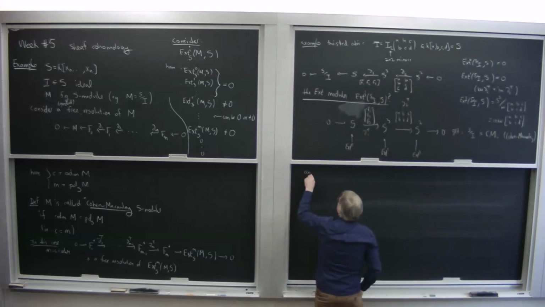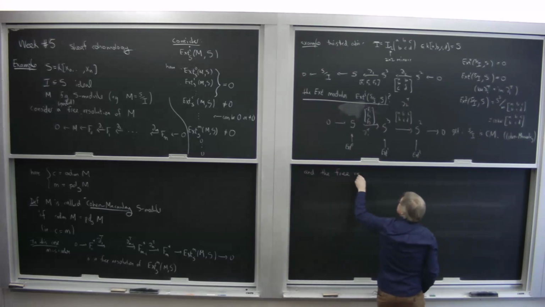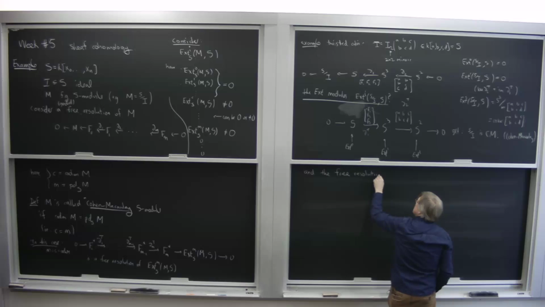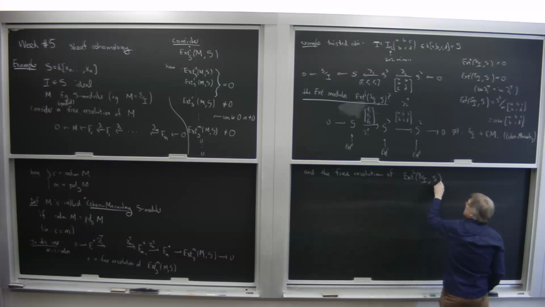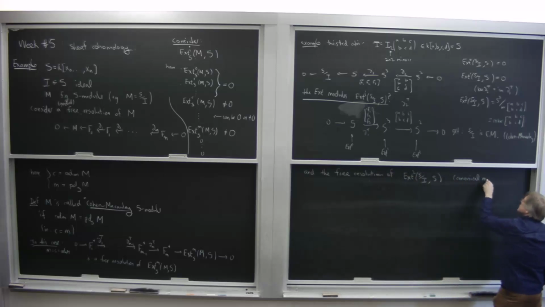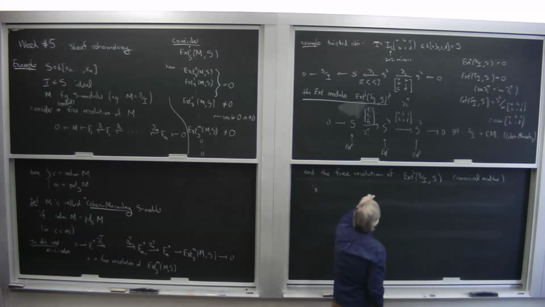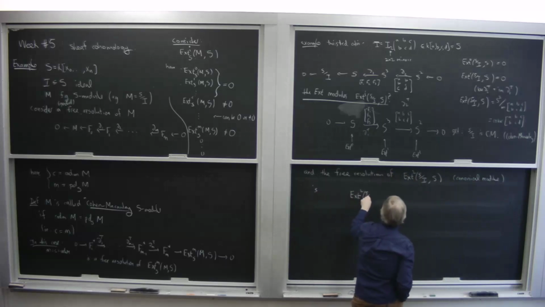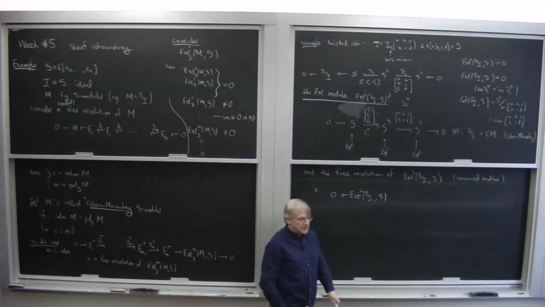And the free resolution, or a free resolution, of the Ext^2 of S/I into S, the canonical module, is, and I can do it the other way. Let me just do it this way: Ext^2 of S/I, just to kind of keep you on your toes as to which direction things go.